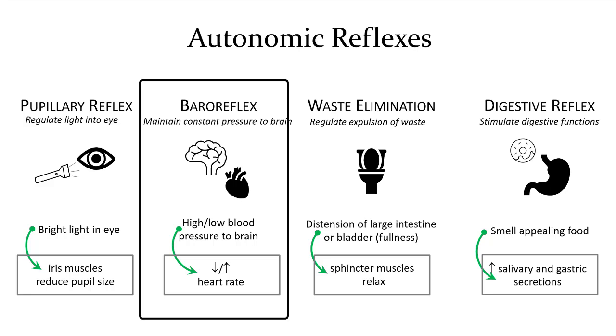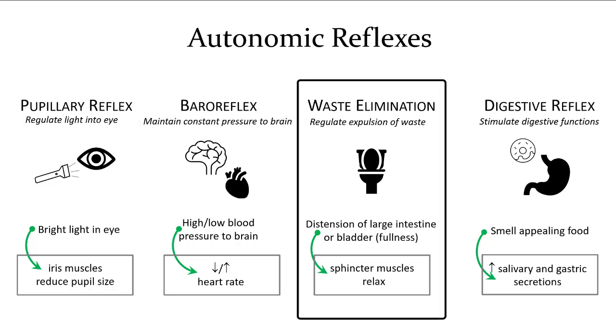The baroreflex, right below our jaw, senses pressure, and it can change our heart rate, whether it raises it or lowers it, depending on the pressure that's coming into the brain. Waste elimination: if what's in your bladder or your rectum is full, there's a distension of the tissues there, and that's the reflex to just let it out.